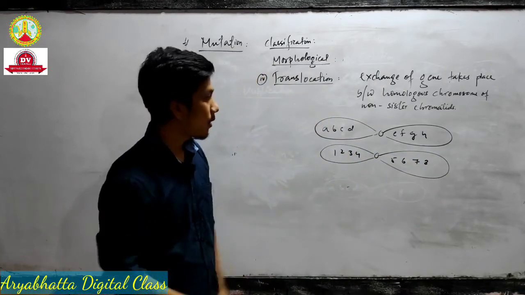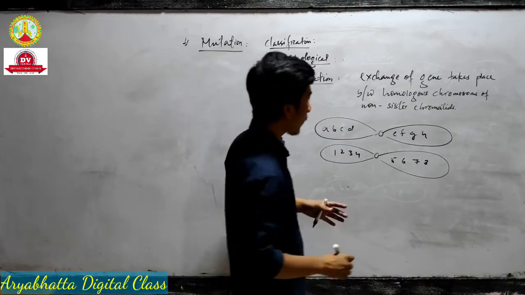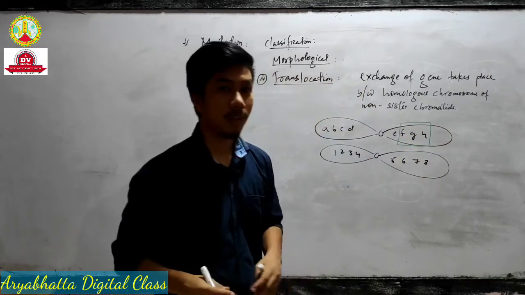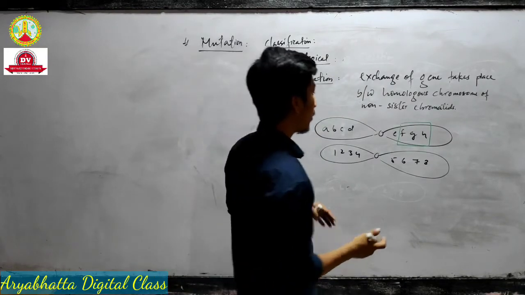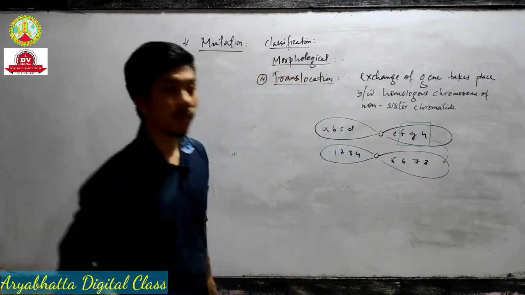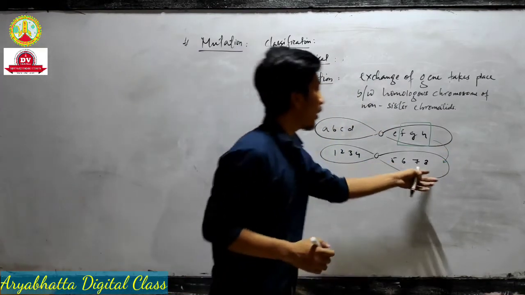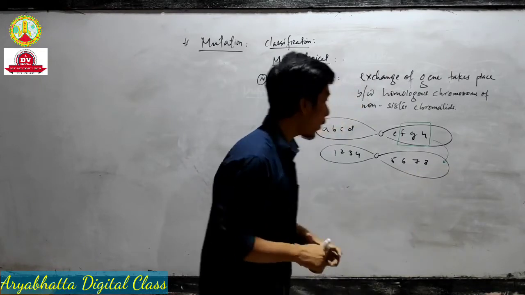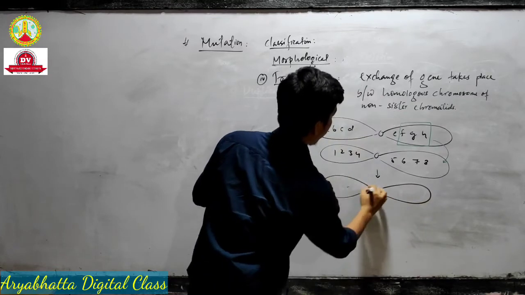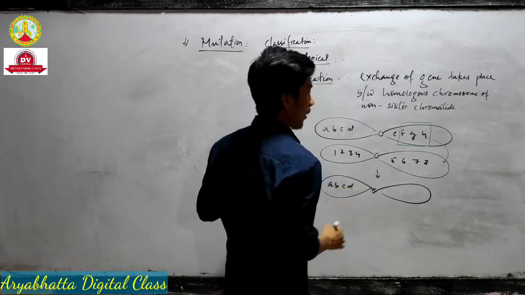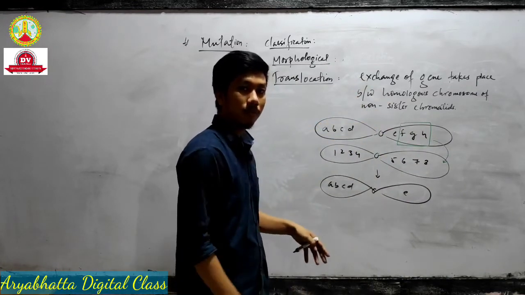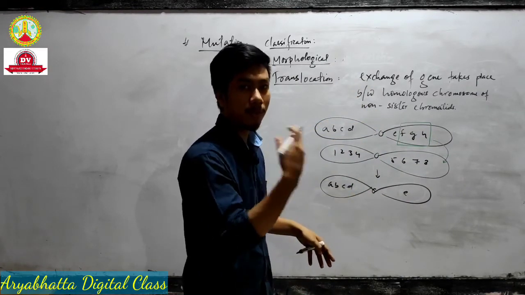Suppose F, G, H get transferred into another chromosome of its pair. Then A, B, C, D, E will remain, but F, G, H transfer into another chromosome of its pair.